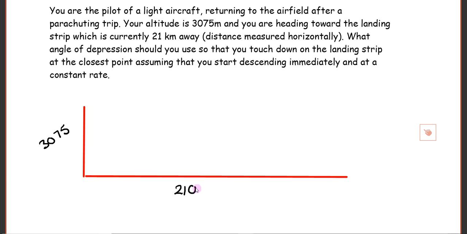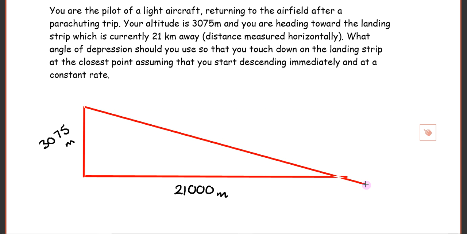However, we need to put 21,000 meters to make it in the same units. Then, if we go straight down, the angle of depression we're actually looking for is that angle there, isn't it? That's what we're looking for.